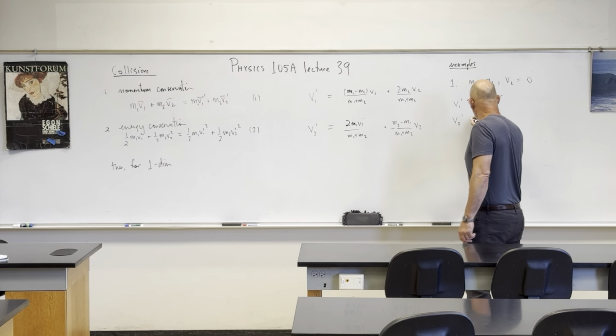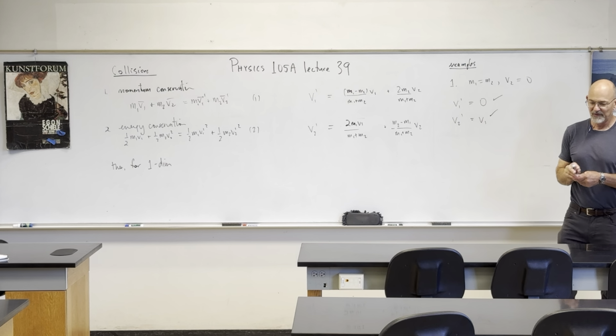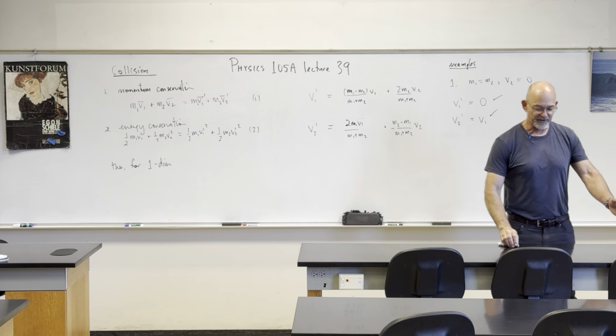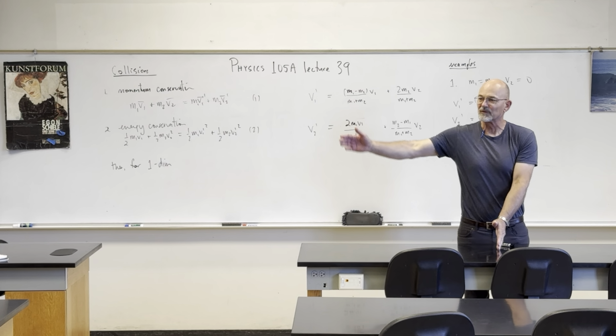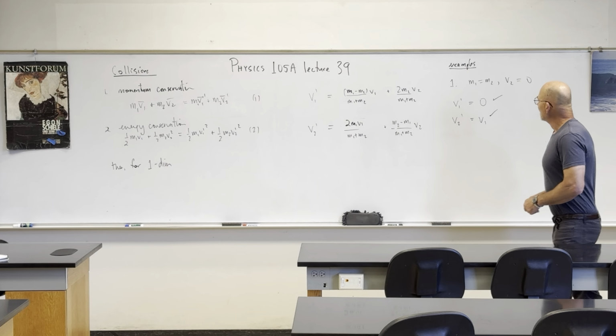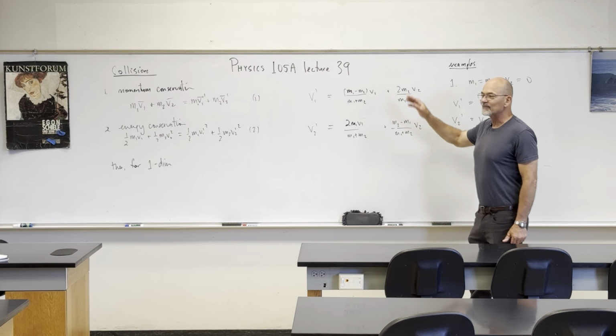So v2 prime equals v1. So that was the prototypical case with equal masses. This one comes in, dead stop, and this one goes flying out. You notice all the other cases, when the masses aren't exactly equal, get much more complicated. But that's an important one to look at.